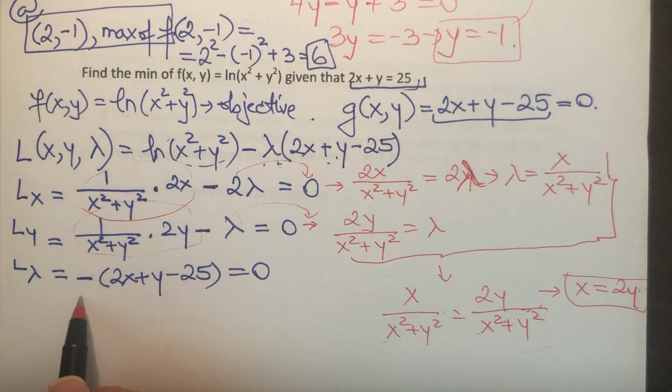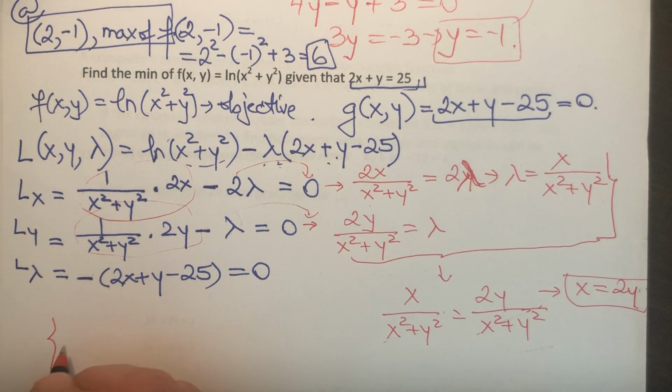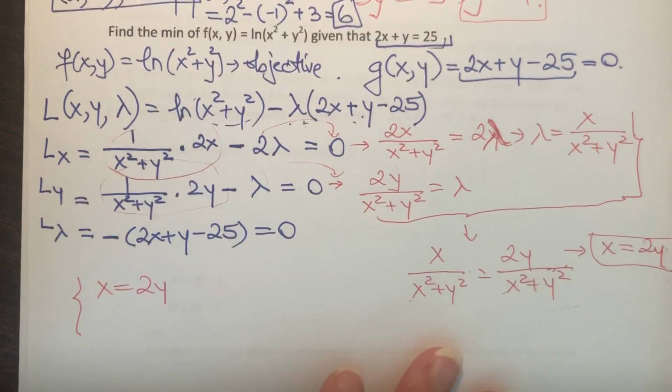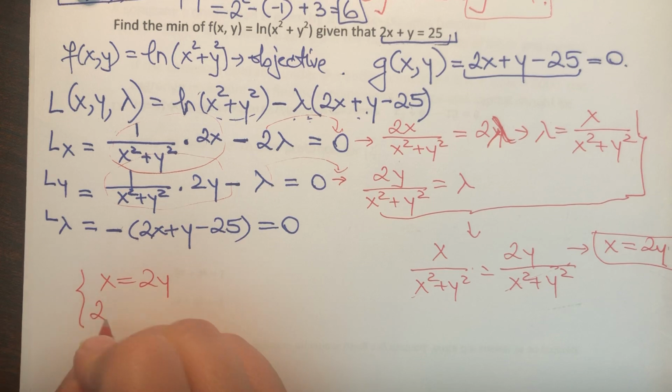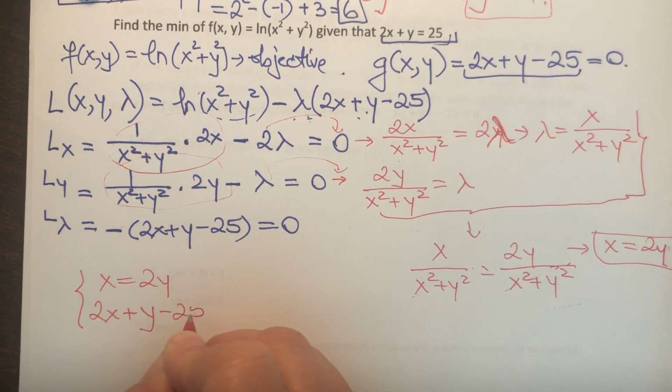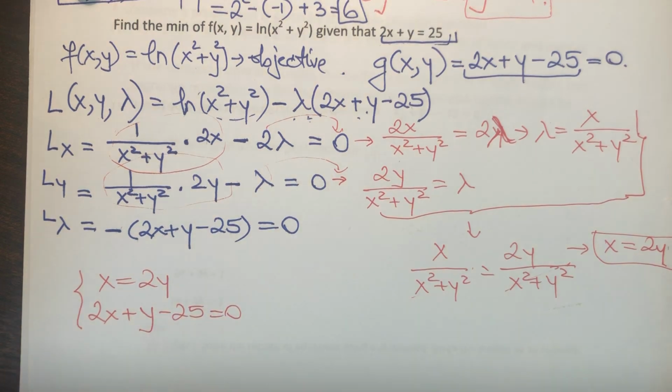So we combine this again with what? This third equation that we had into a system. So I have that x is equal to 2y. That's what we found from the first two equations. And then the third equation is basically my condition that says that 2x plus y minus 25 is equal to 0.